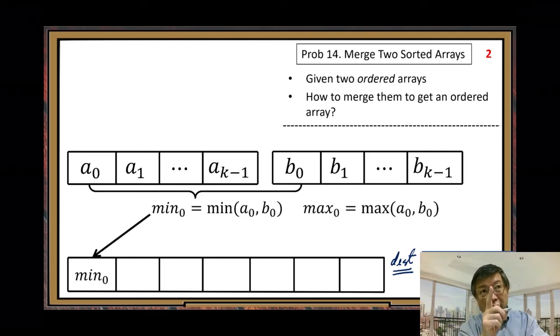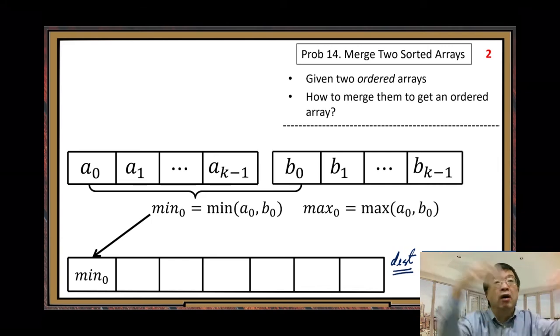After one comparison, we know the min 0 must be the first one, because this minimum number is the minimum of both subarrays. That's obvious, right? We compare the minimum of each subarray. The smaller one is the minimum of the whole array. After we get a minimum of the whole array, we can put it as the first element in the destination array, and we call that action, we put it in place, right?